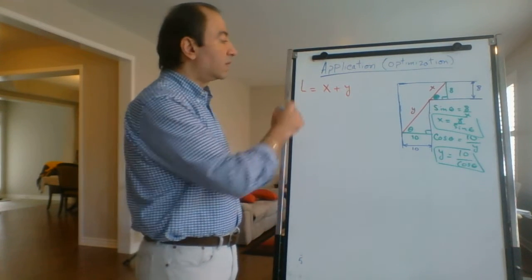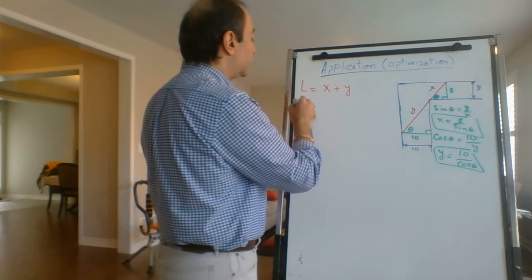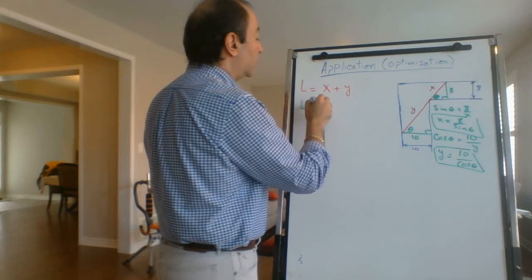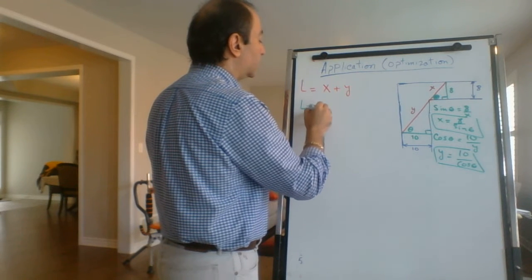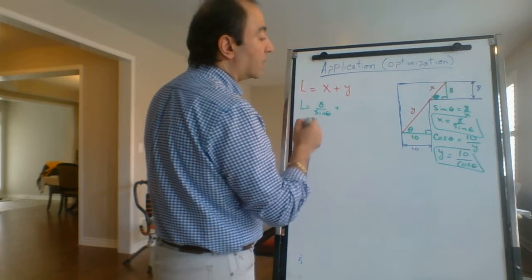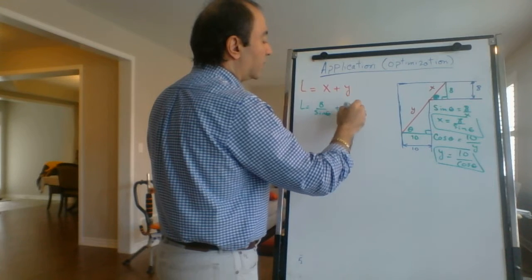Now I can rewrite this equation with only one variable. So I will write L equals 8 over sine theta plus Y, which is 10 over cosine theta.